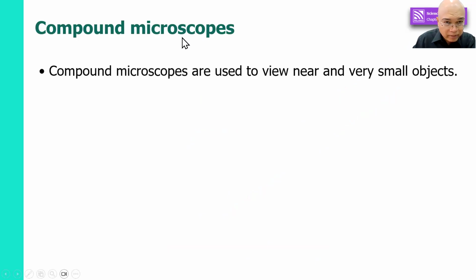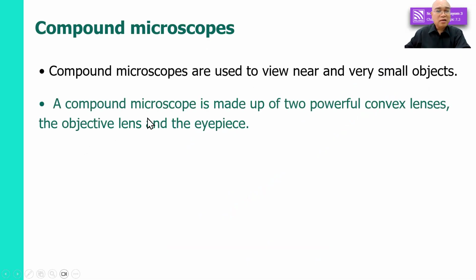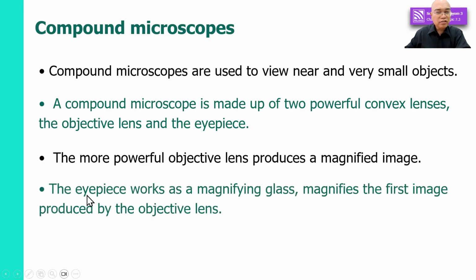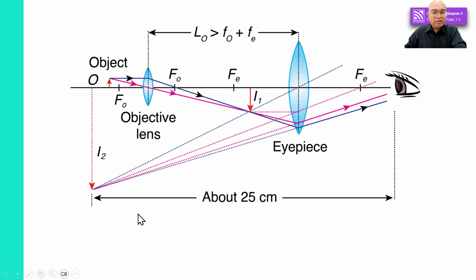So compound microscopes are used to view near and very small objects. A compound microscope is made up of two powerful convex lenses, the objective lens and the eyepiece. The more powerful objective lens produces a magnified image. The eyepiece works as a magnifying glass, magnifying the first image produced by the objective lens.